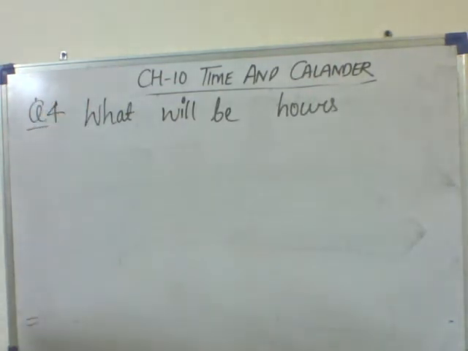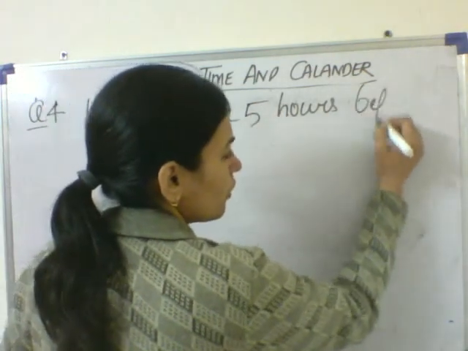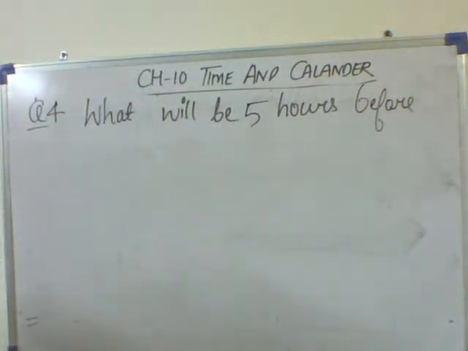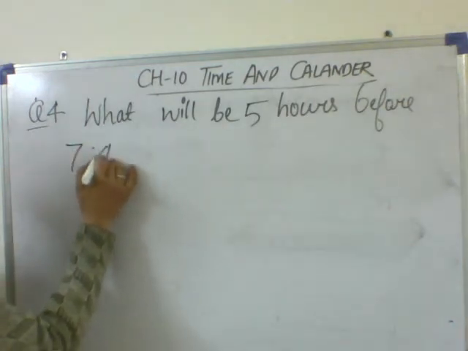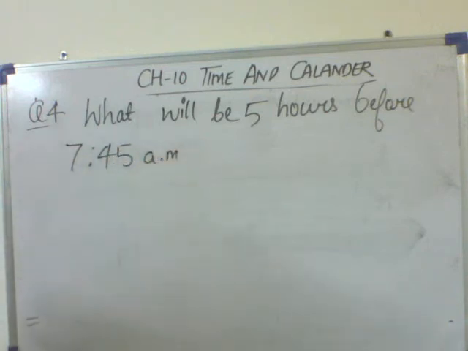What will be 5 hours before? We have to find what will be 5 hours before 7:45 a.m. We have to write the timing just before.